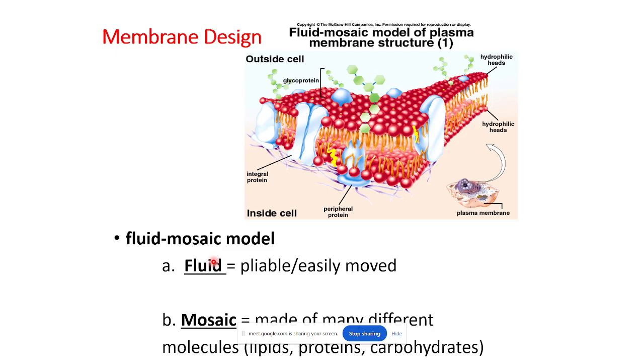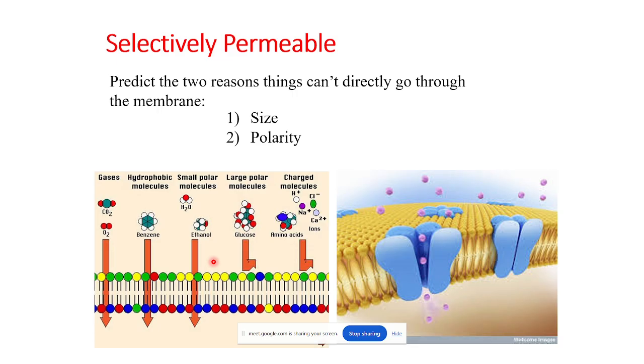The cell membrane is a selectively permeable barrier. Only certain substances can pass through it, based on size and polarity. Gases and hydrophobic molecules can pass through it.